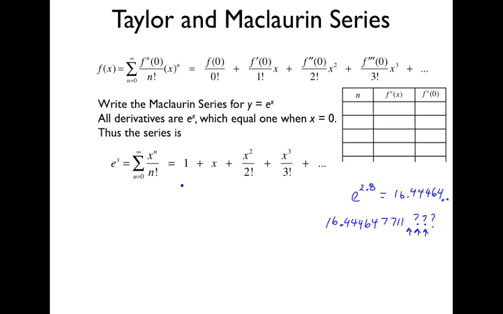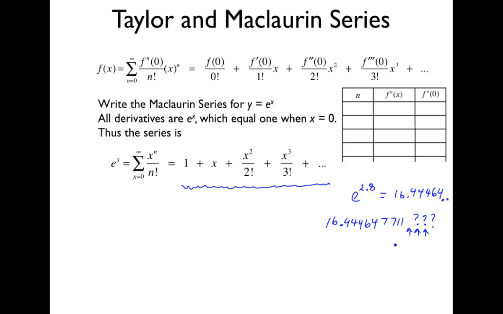Yeah, this is how calculators compute values, like for instance e to the 2.8. It's going to use the approximating polynomial, and what's it going to do? It's going to take enough terms until it shows you enough decimal places, until it fills up its screen. Maybe more, but it's not going to.